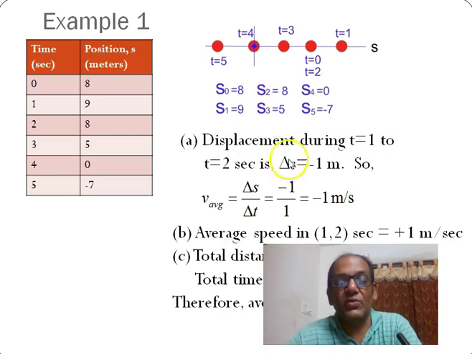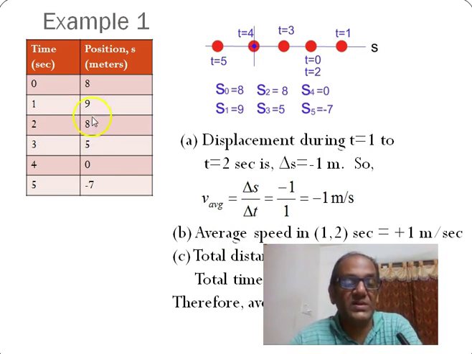Displacement during t is equal to 1 to 2 seconds. Originally it has s is equal to 9, then it became s is equal to 8. So final minus initial is the displacement. 8 minus 9, minus 1 is the displacement, and time is 1 second, final time minus initial time.